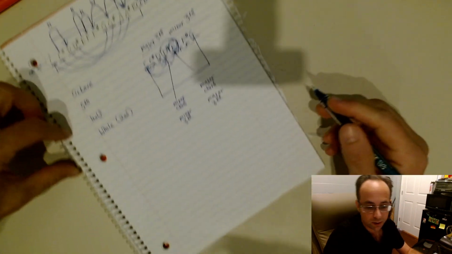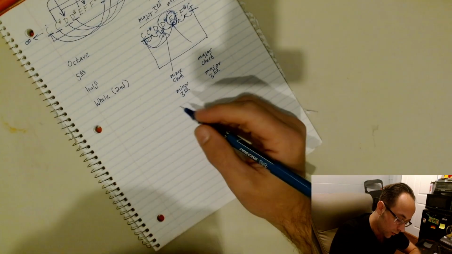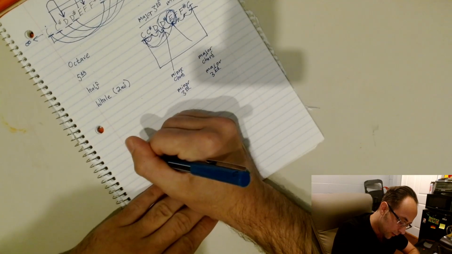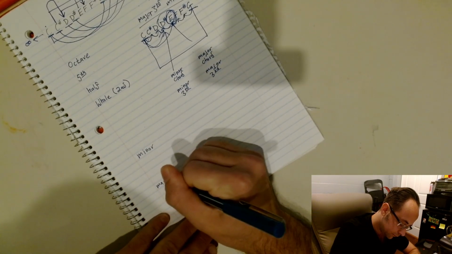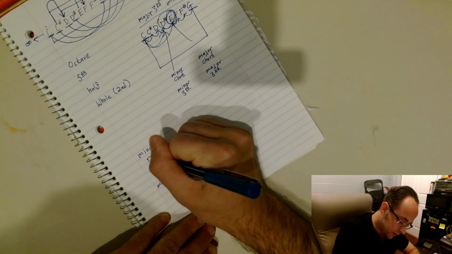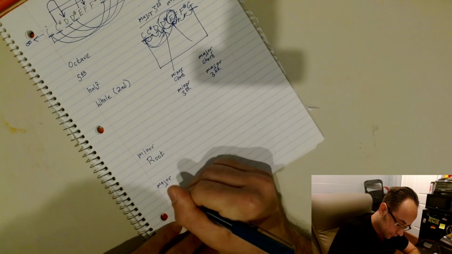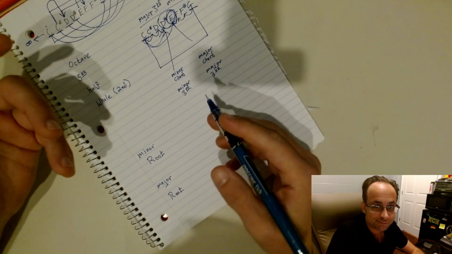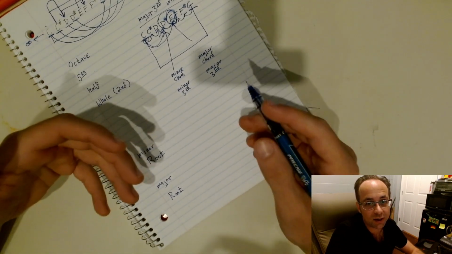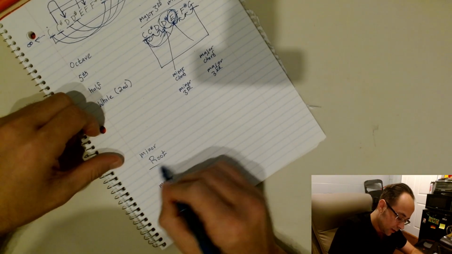All right, quick note about this, and then we'll wrap up. When we have a minor third or a major chord, so for a minor chord, we have the root note. We're always starting on the root. Because if you don't start the chord on the root, it kind of isn't that chord anymore. It's some other chord. So we start on the root.